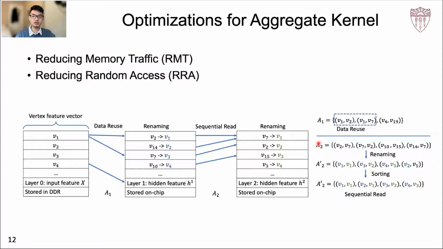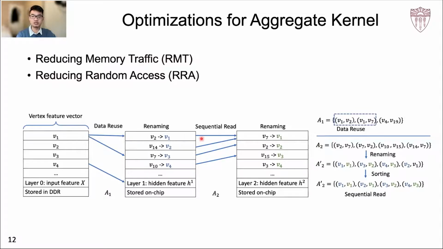We can observe that different edges might have the same source vertices. For example, these two edges over here both fetch the feature from vertex V1. So for these kinds of edges, we will perform data reuse to reduce the memory traffic. In this case, we do not need to fetch the same feature vector twice. Instead, we only need to fetch it once.